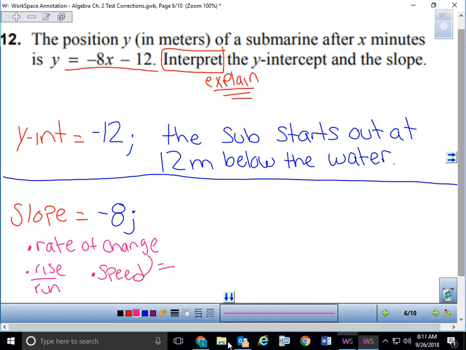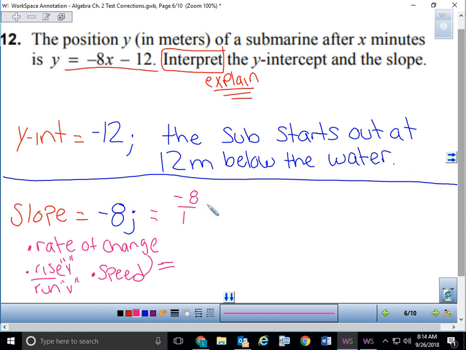Those are the same. So when I'm talking about my slope, let's talk about rise over run. Rise is talking about y values. Run is talking about your x values. So I'm going to rewrite my negative 8 as a fraction, negative 8 over 1. My y says it's a position in meters, so this 8 is descending.